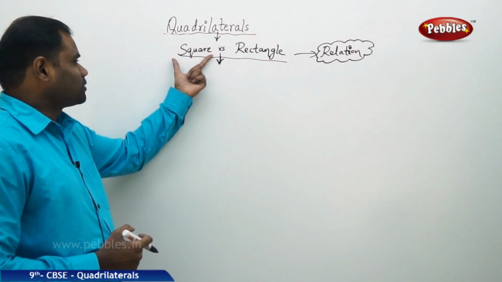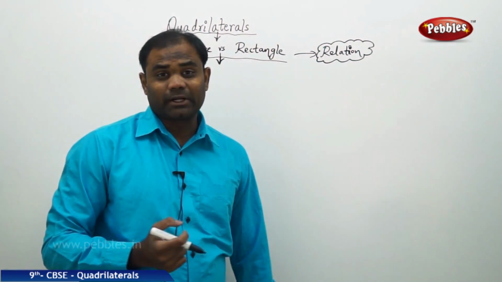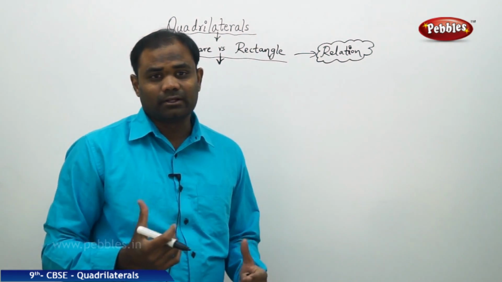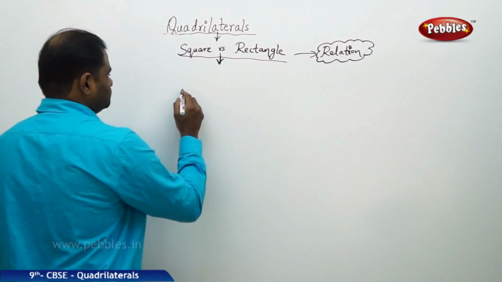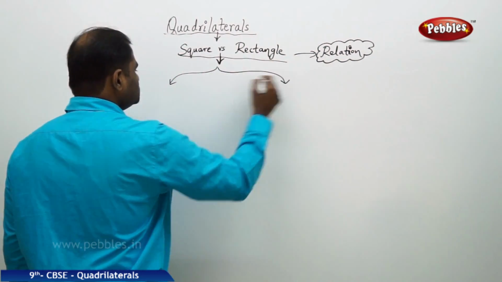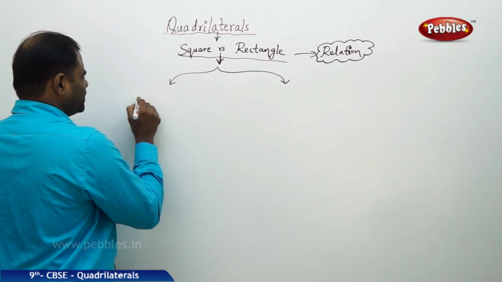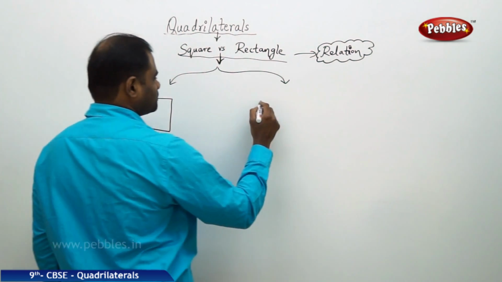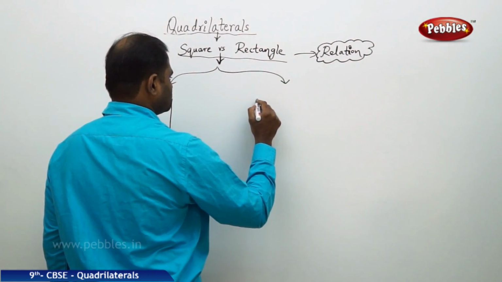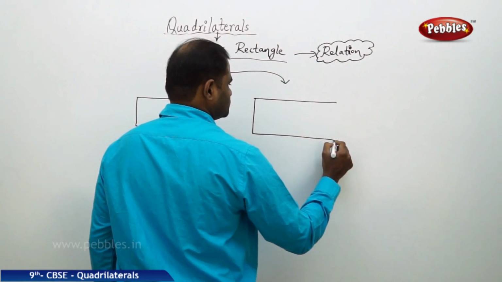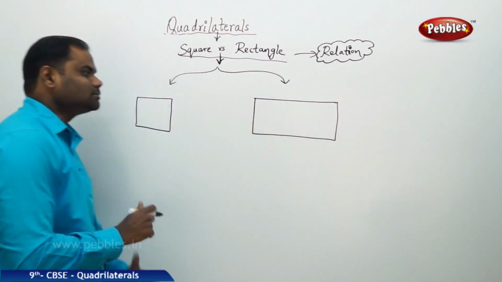In order that I want to find the relation between a square and a rectangle, let me take a rectangle and a square separately. Imagine I take a square and I take a rectangle.